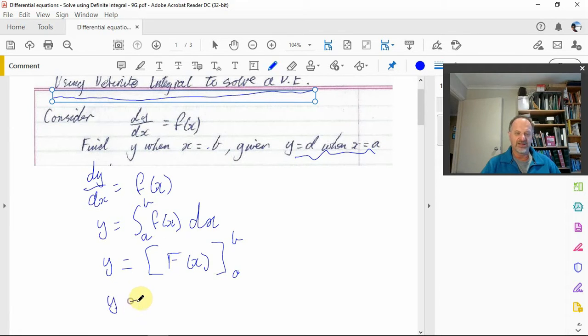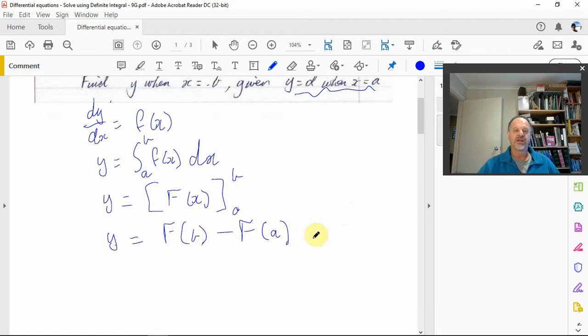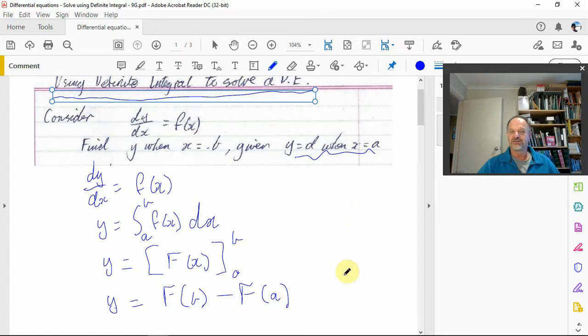And of course, that then is big F with the x value b minus big F with the x value a. And so that gives us our change in y, if you like. So y is changed by that much.